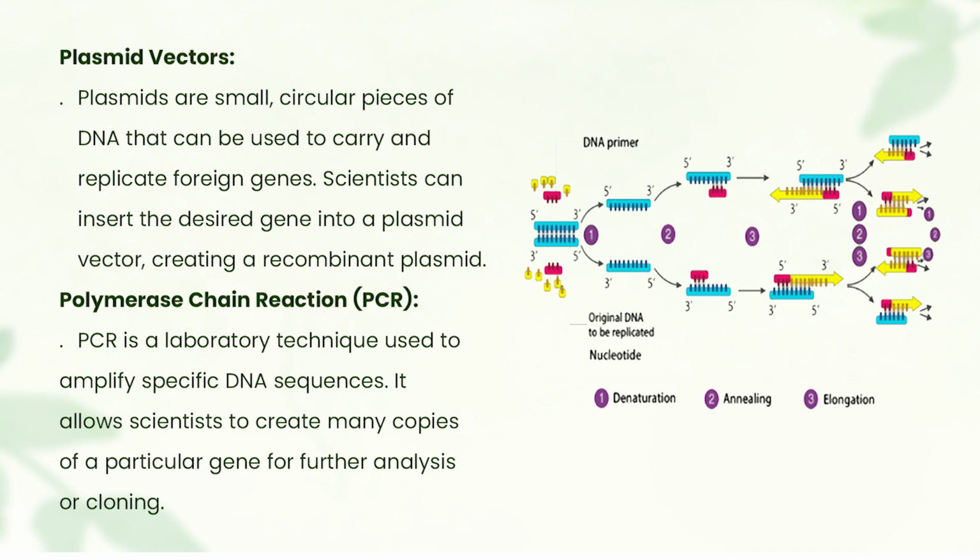Next is Agrobacterium mediated transformation. Agrobacterium tumefaciens is a bacterium that naturally transfers a piece of its DNA, that is the Ti plasmid, into plant cells, causing the formation of tumors.